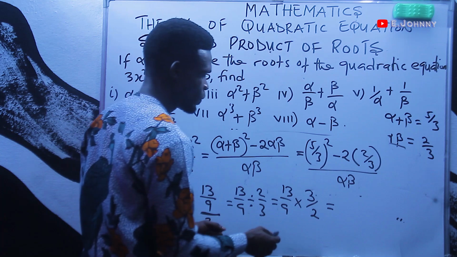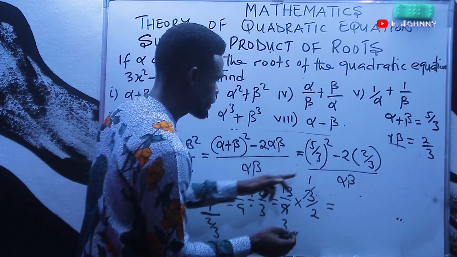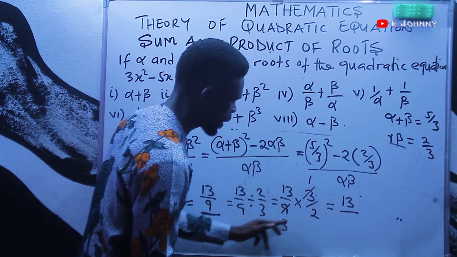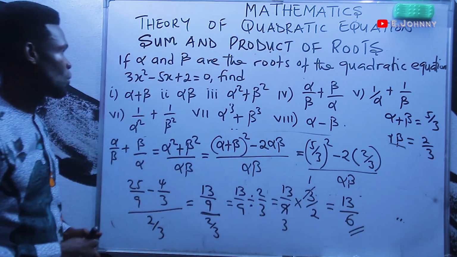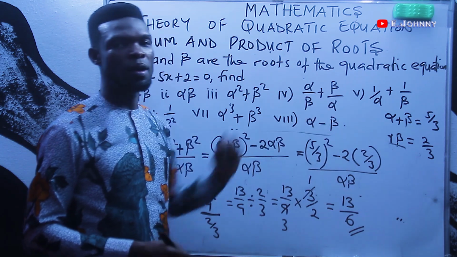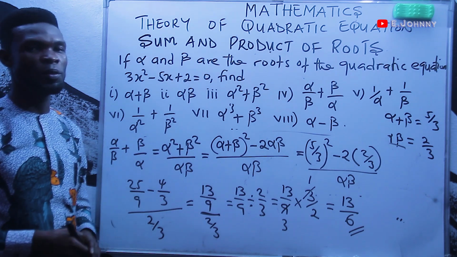So you have 13 times 1, 13, divided by 3 times 2, 6. So that is your value for alpha over beta plus beta over alpha. I hope that is very simple and straightforward.